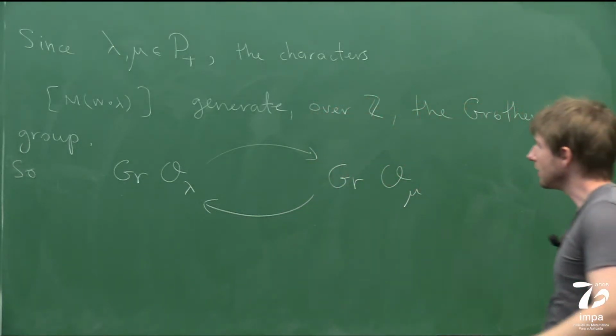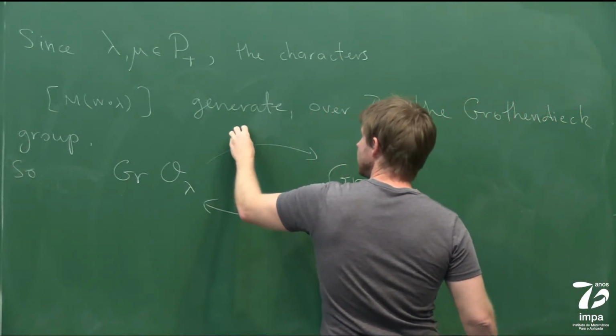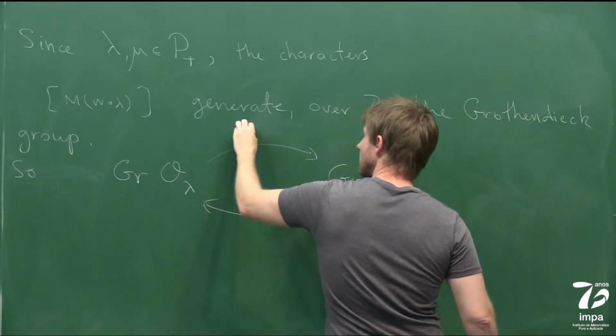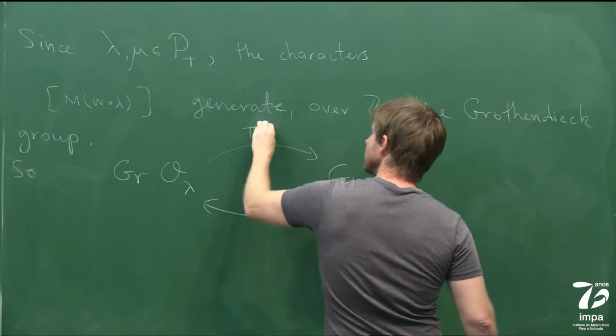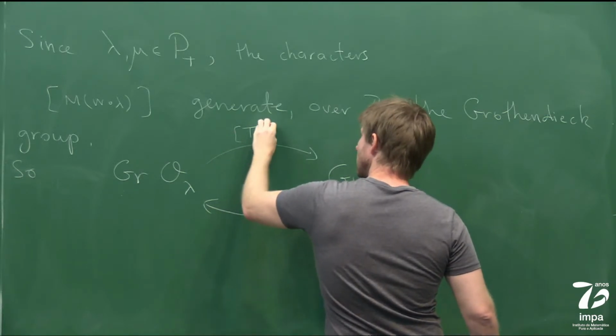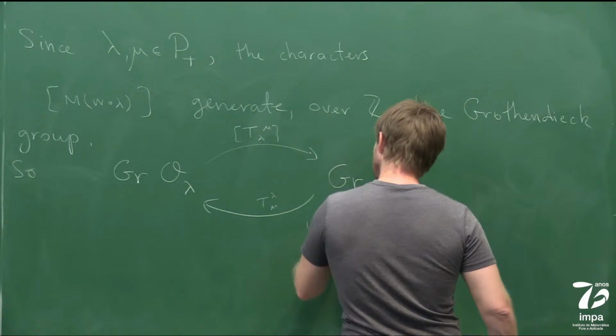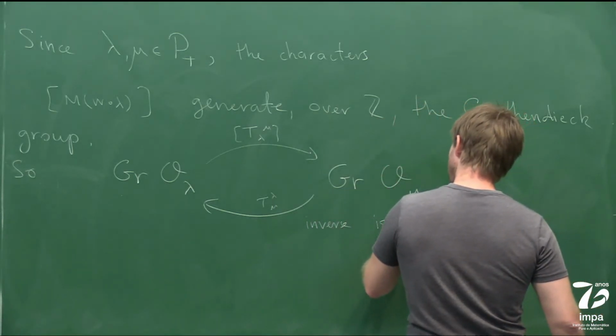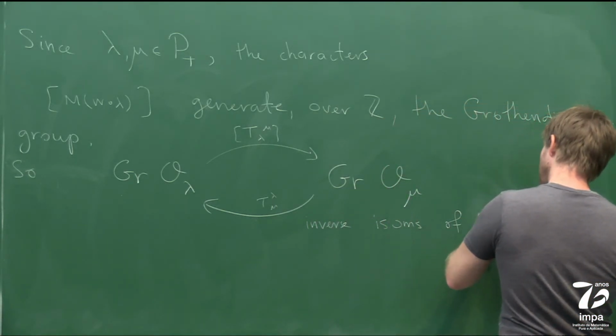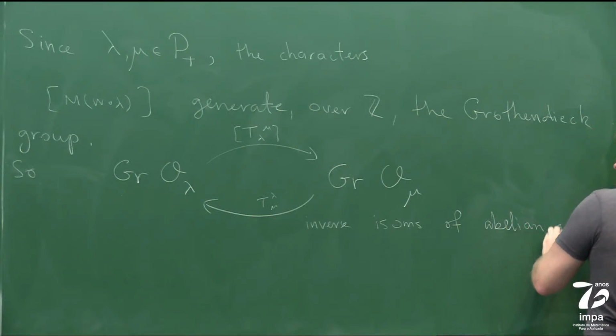So in particular, these induced maps, induced from lambda mu, mu lambda, are inverse isomorphisms of abelian groups.